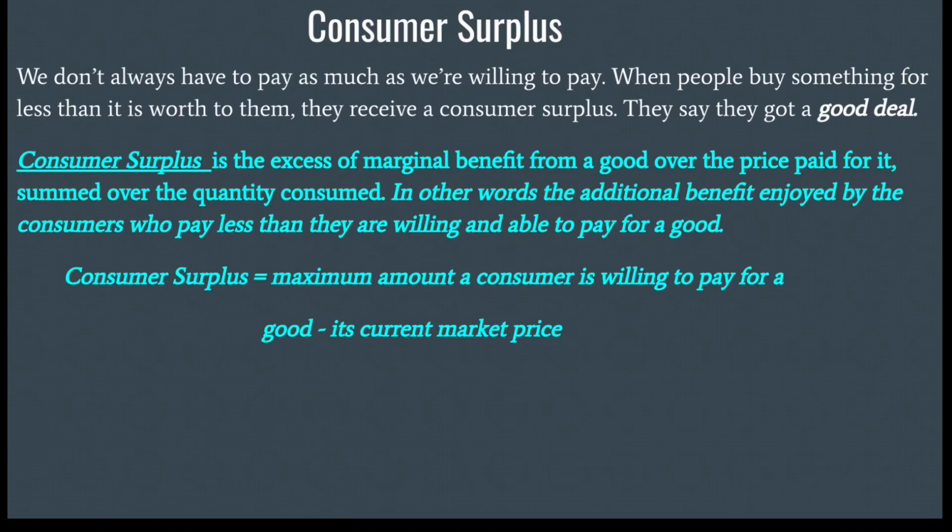In other words, the additional benefit enjoyed by the consumers who pay less than they are willing and able to pay for a good. We can say this as: consumer surplus equals the maximum amount a consumer is willing to pay for a good minus its current market price, or what he actually pays.